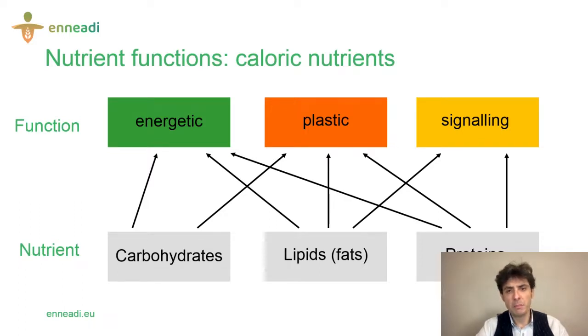All of them participate in the plastic function, so they participate in the construction of cells, tissues, and organs. And lipids and fats also have a signaling function, so they participate somehow in the transmission of information between different tissues and organs.